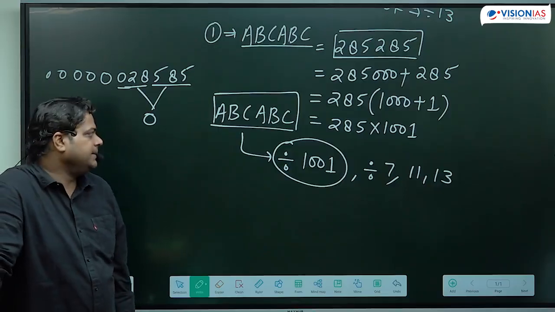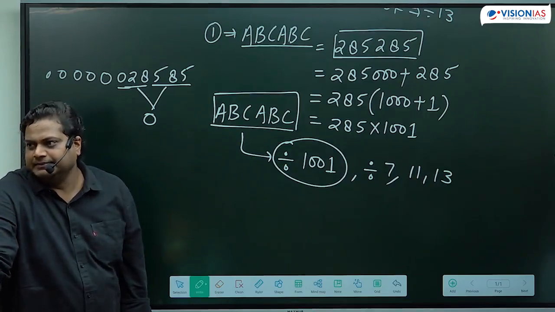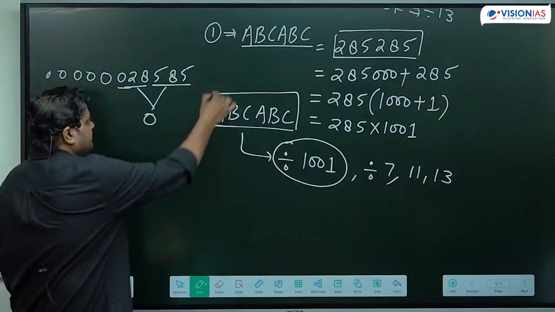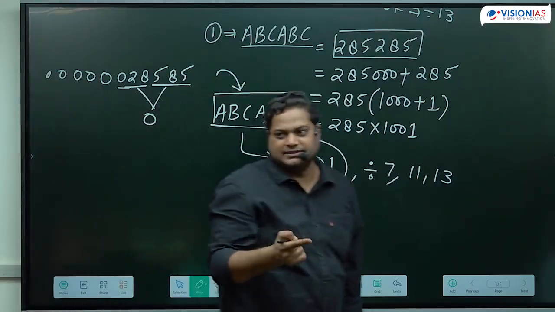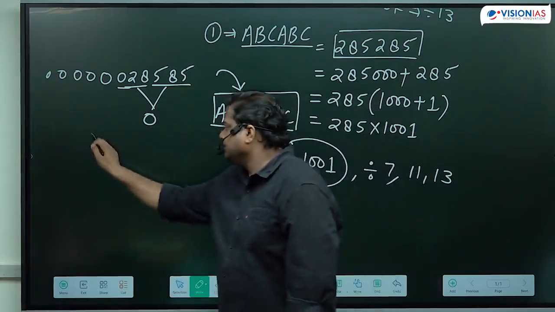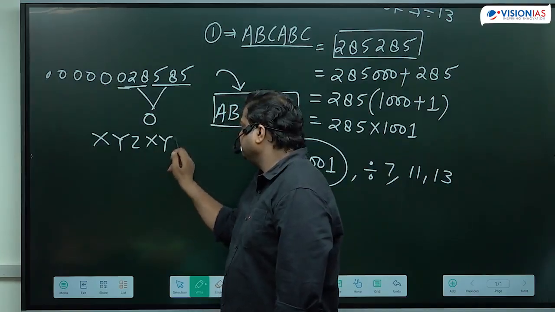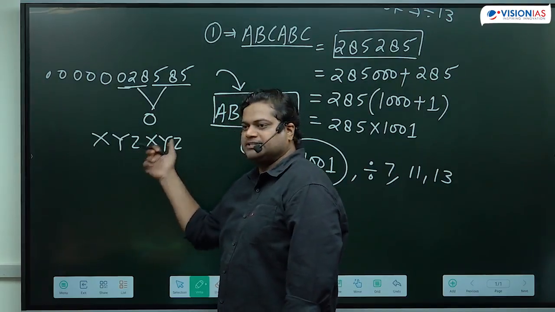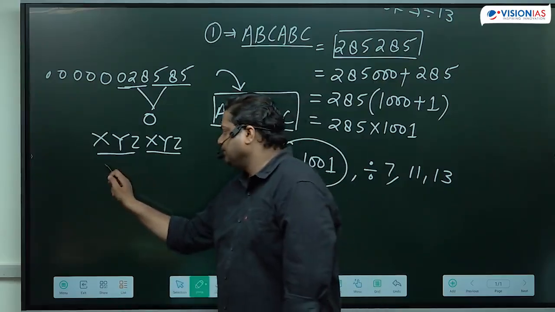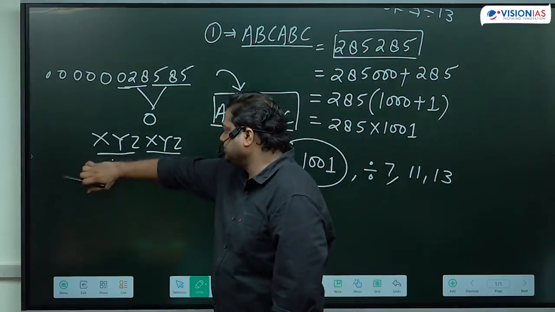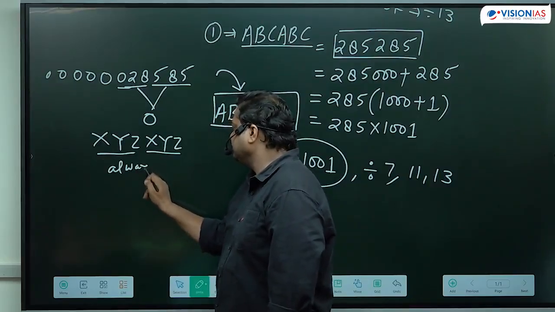So 1001 is divisible by 7, 11, 13. कोई भी नंबर इस तरीके से लिखा हुआ है, और ऐसे ही the same question was asked by UPSC. If a number is written in this form, अब PQR XYZ किसी फॉर्म में लिखो, this number will always be divisible by, this was the question, will always be divisible by.